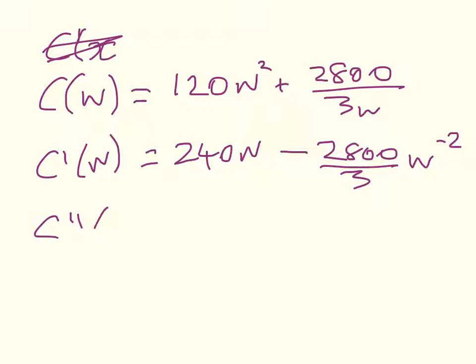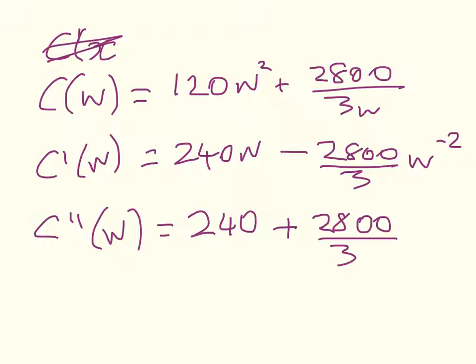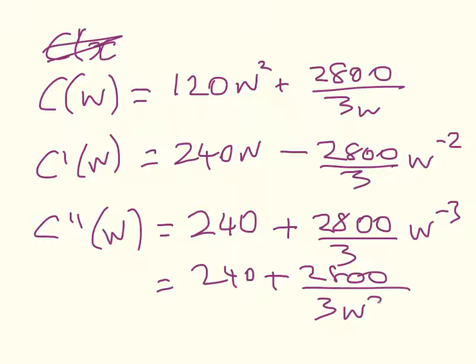Now we have to work out the second derivative, and for a minimum we want to check that it is positive. So it's 240 plus 2800 over 3 W to the negative 3. Right, and we can see that that is greater than 0 because we've got a positive value of W. Okay, so we've found that the second derivative is greater than 0.